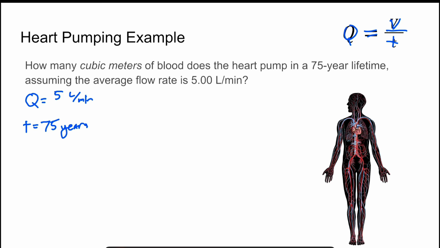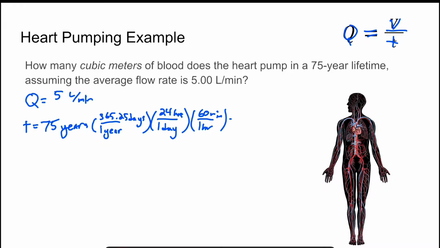So let's get both those into units that we want and that are compatible with one another. So first one, we've got our flow rate is 5 liters per minute. So let's get our number of years into minutes. We know that every 1 year has 365.25 days, and every 1 day has 24 hours, and 1 hour has 60 minutes.